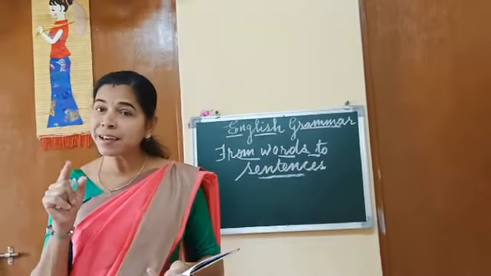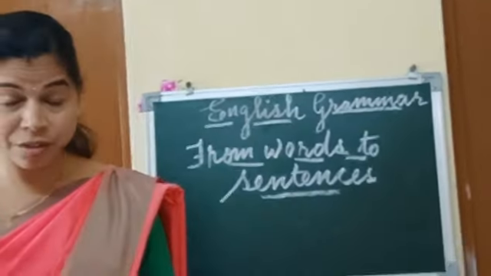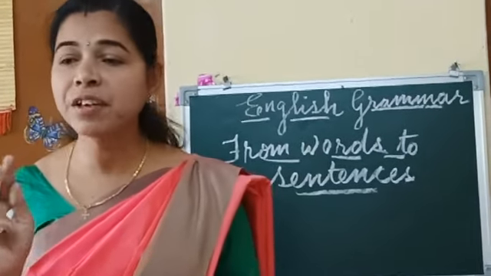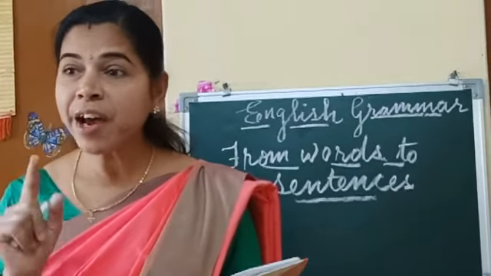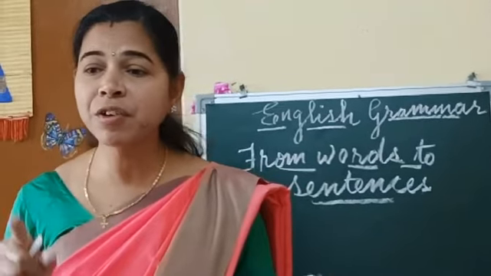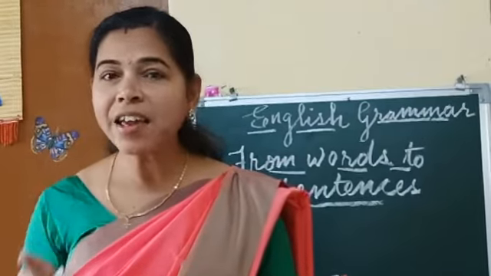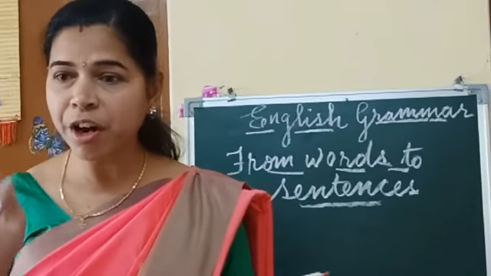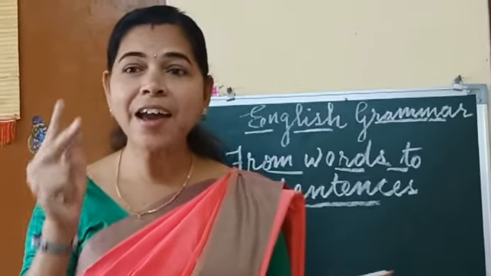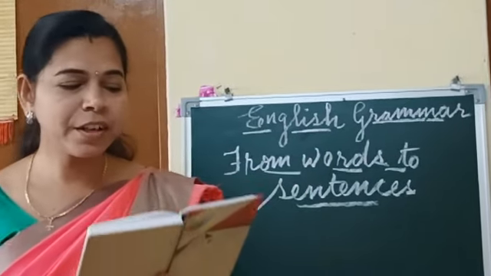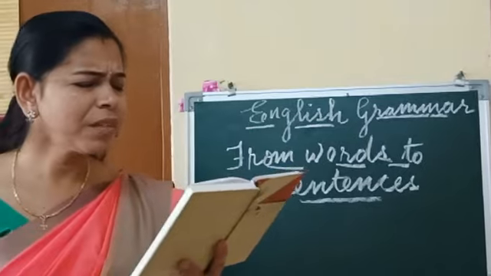How many vowels are there in English? There are 5 vowels and 21 consonants, and these vowels are A, E, I, O, U. So 5 are over. And the next 21 are said to be consonants.